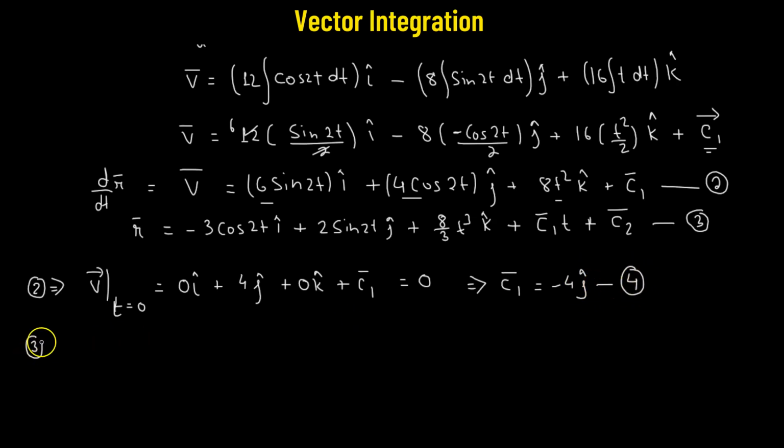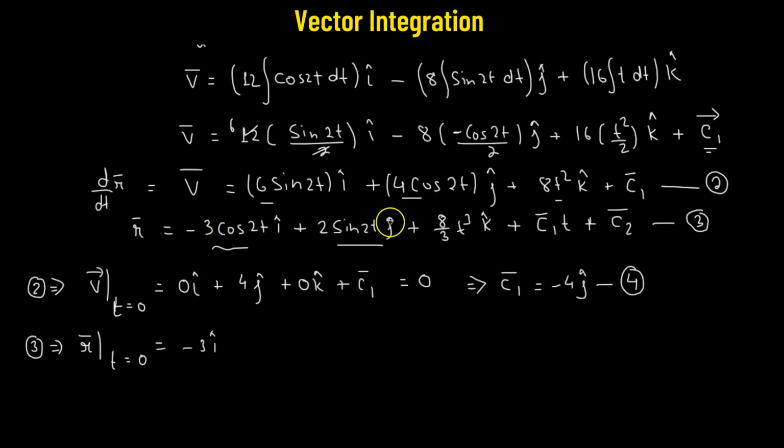Then we will use equation number 3 and calculate the value of the displacement vector at t equals 0. Here we have negative 3 times cosine of 0. Cosine of 0 is 1, so we are left with negative 3 i cap.